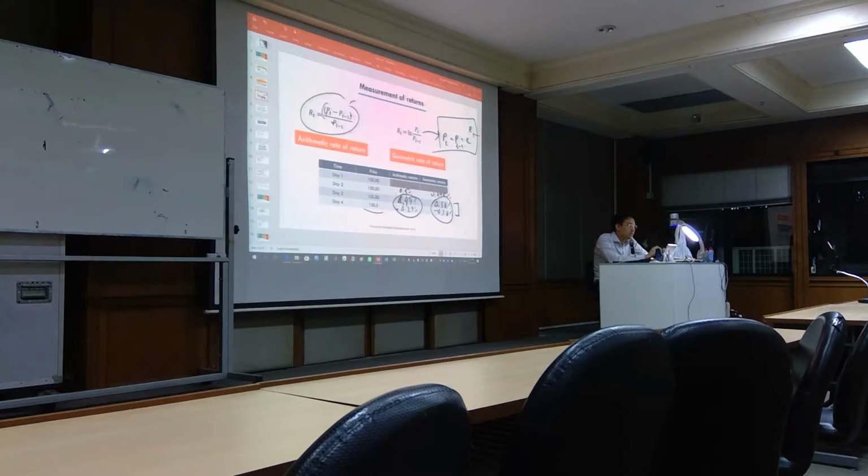But in this case, P_t is equal to P_{t-1} multiplied by 1 plus R_t. And actually calculating the right hand side term is easier than this term. I have to convince you that it is easier.